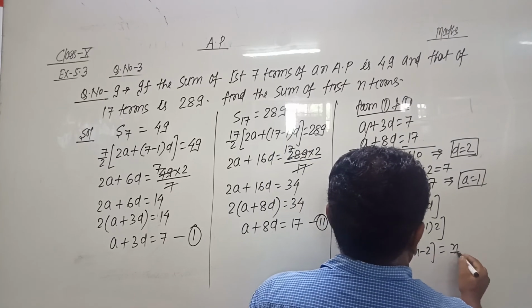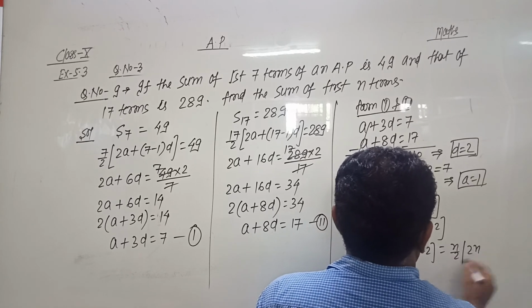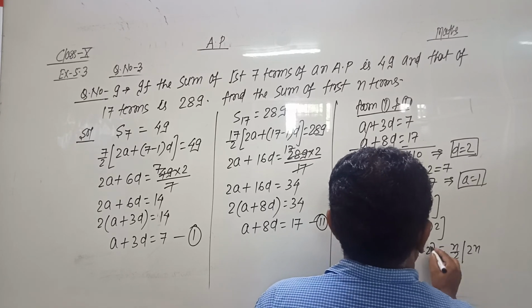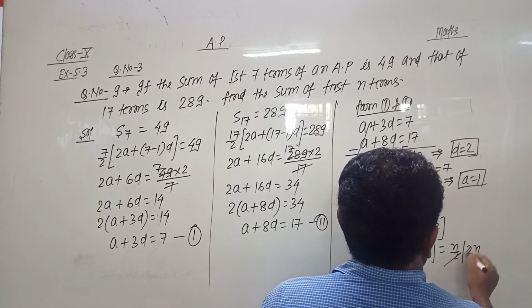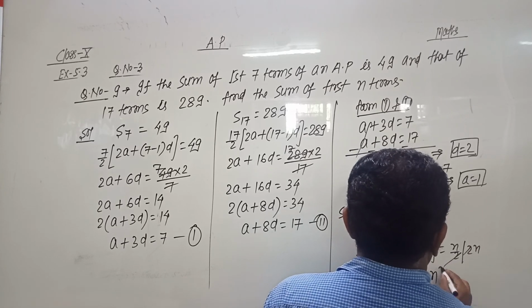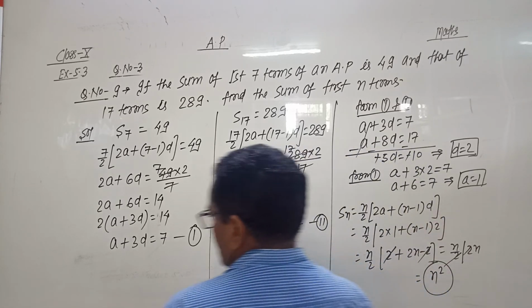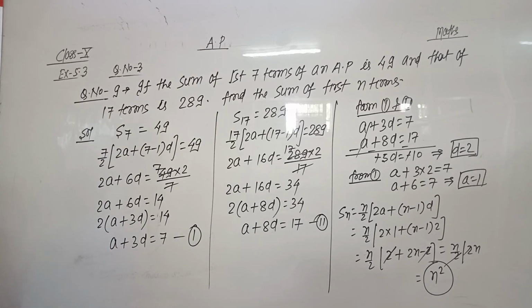And we get n by 2 and 2n, 2 and 2 get cancelled, and it comes n square. So the sum of n terms is n square. Sn equals n square. This is the sum of first n terms.